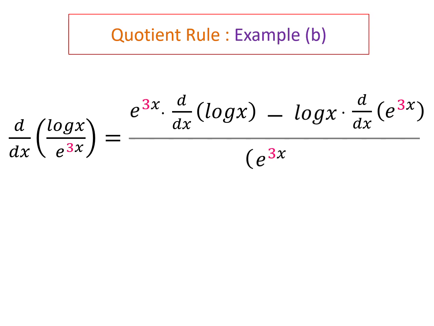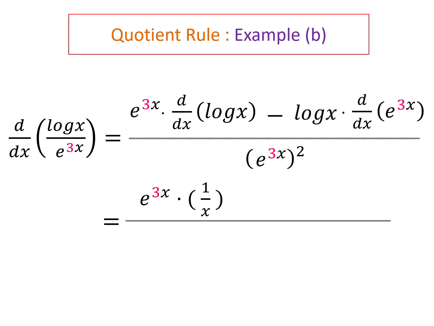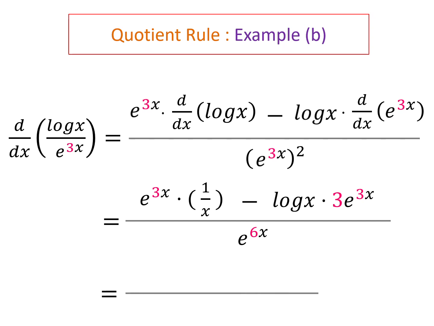Many students make mistakes here. So you have to just remember that we have to differentiate numerator first. This is one thing. And minus sign in between in numerator. And denominator will be simply the square of denominator of the given expression. Rest is algebraic simplification.